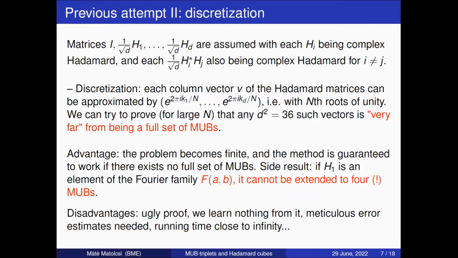The disadvantages are obvious. This would be a very ugly proof, and we would learn nothing from it more than the answer, whether it exists or it doesn't. Also, you need meticulous error estimates of how far you need to be from the full set of MUBs, and the running time is close to infinity, so we could never get to the end of it.